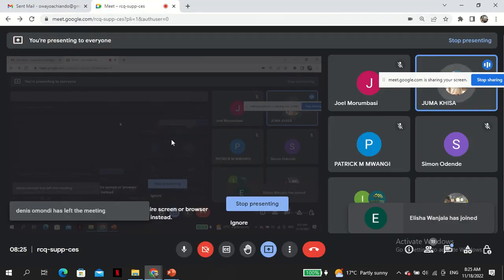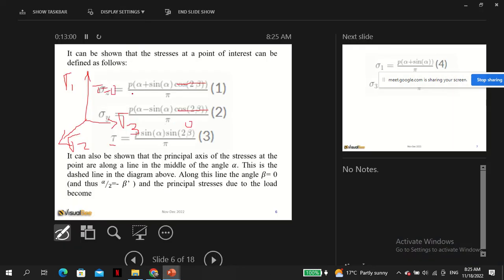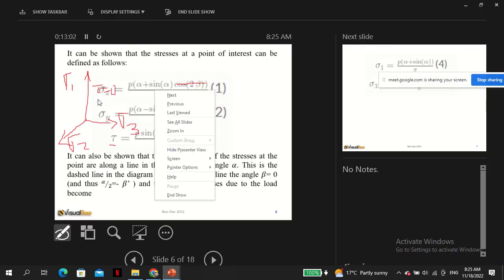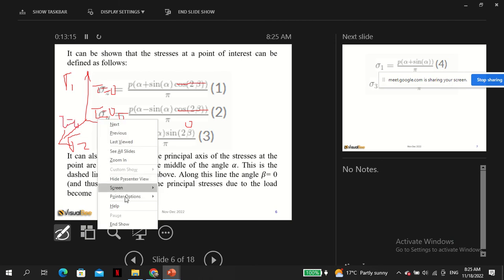I'm getting a 0, sir. Yes, it is 0, of course. This is a principle that you already know: on the principal planes, the shear stress is 0. That's it, and that's common sense.